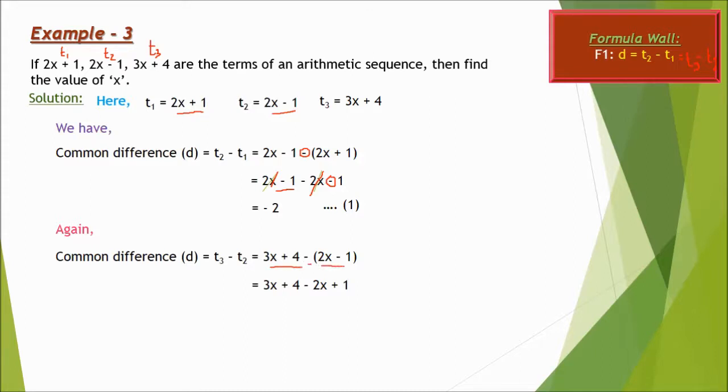While opening the bracket, the sign is changed because of this sign. Minus into minus is plus. Now we can subtract 3x minus 2x, that is x, and we can add 4 plus 1, that is 5. Now this is equation 2, and from 1 and 2, both relate to d, isn't it? They both relate to d. We can equate them from 1 and 2.